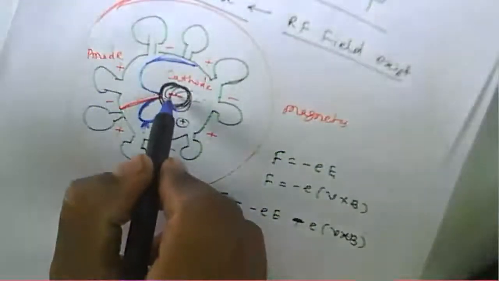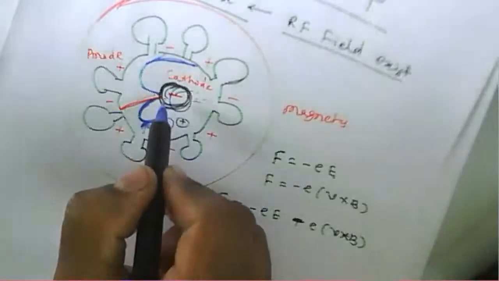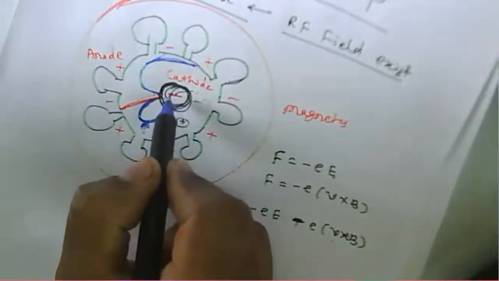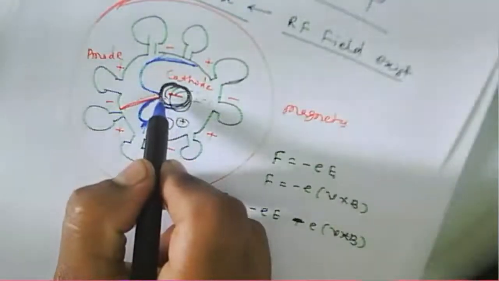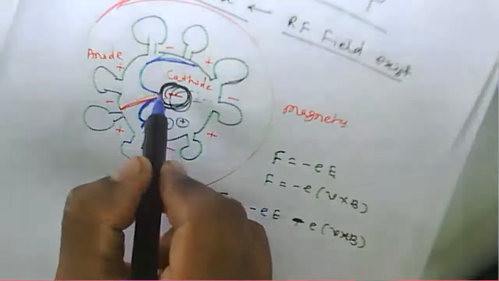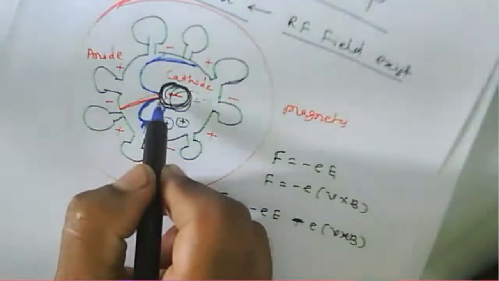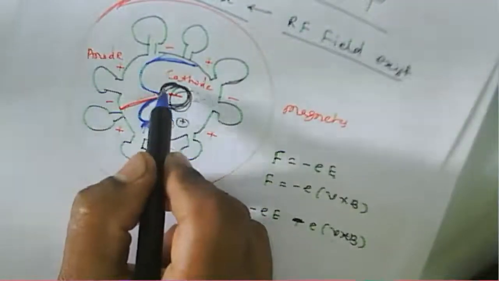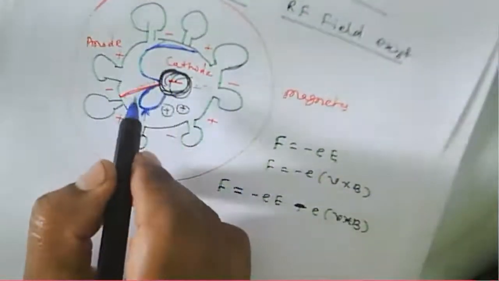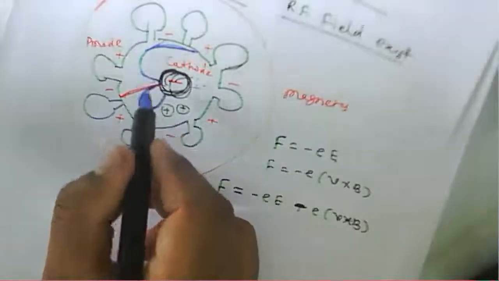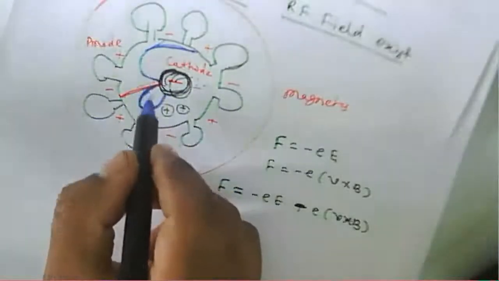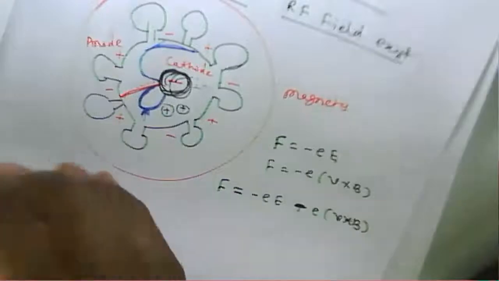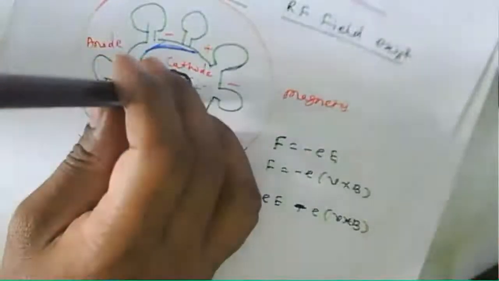Now, a DC voltage is applied to this cavity, so there will be a field due to this DC voltage. We have an electric field and a DC magnetic field, and the electric field and magnetic field are perpendicular.